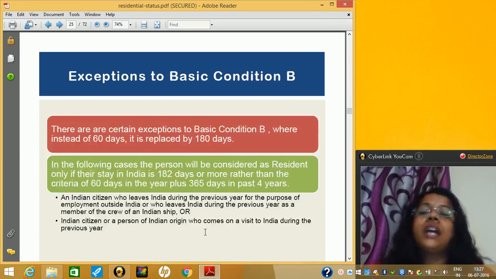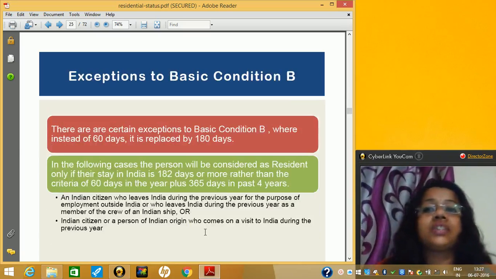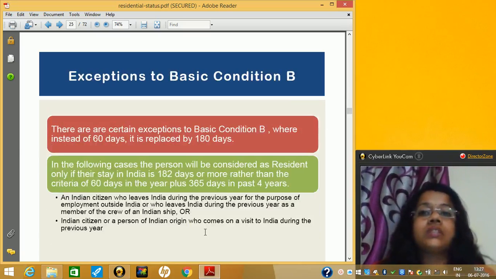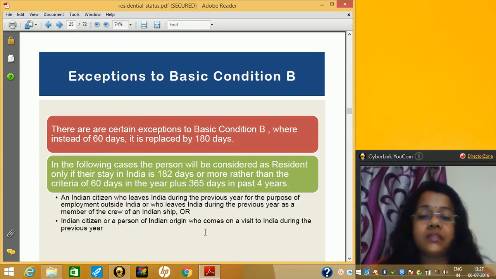Now move on to the exceptions. The basic condition B consists of the 60 days plus 365 days in the 4 immediate previous years.